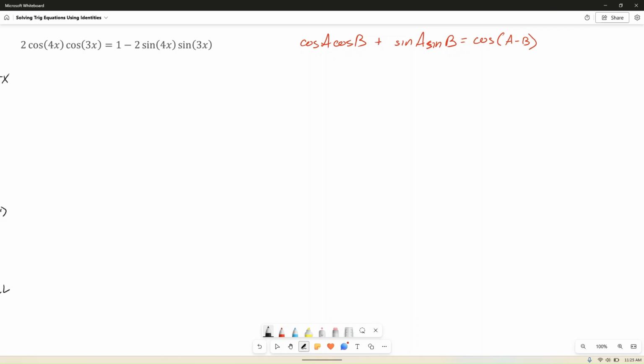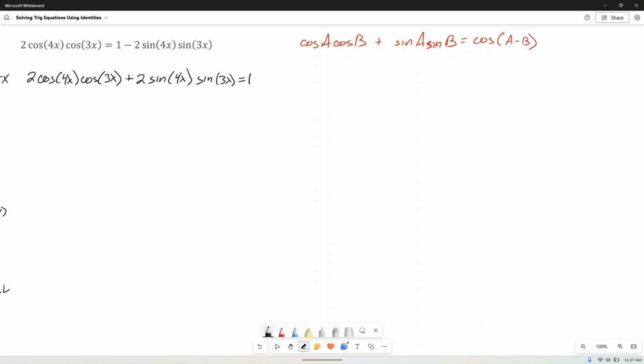So let's do that algebra first. We're going to add the 2 sine 4x sine 3x to both sides. So we're going to have 2 cosine of 4x cosine of 3x plus 2 sine of 4x times the sine of 3x, and that is equal to 1.